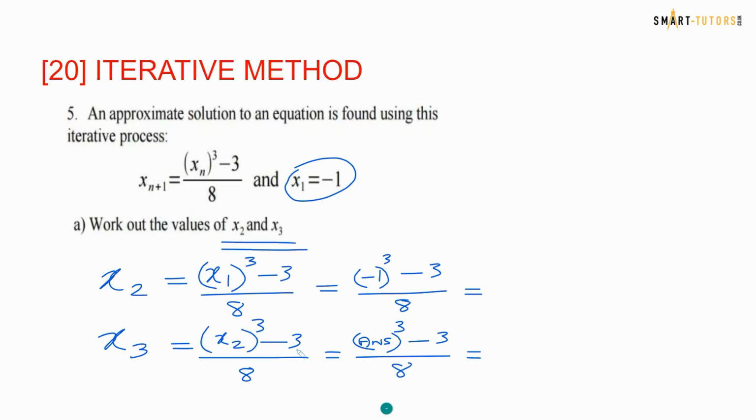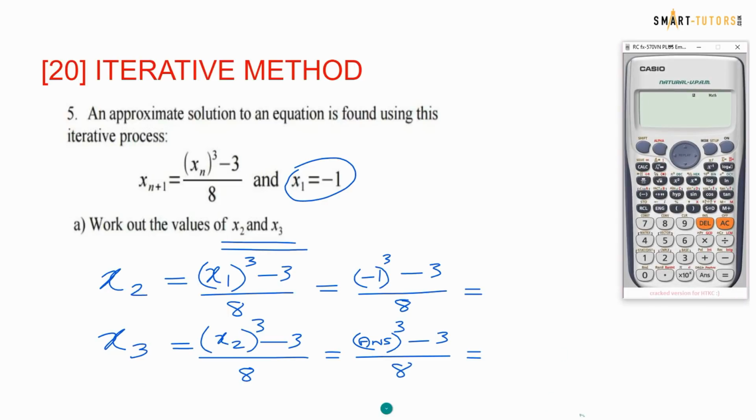So I will show the calculator. Bring back my scientific calculator here. Use the fraction sign if you are familiar with that. So minus 1, open the bracket, minus 1, close, to the power of 3, come to the same level, minus 3, come down and write 8.